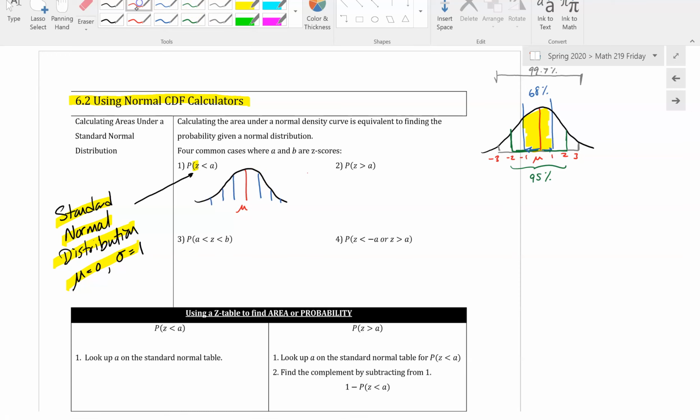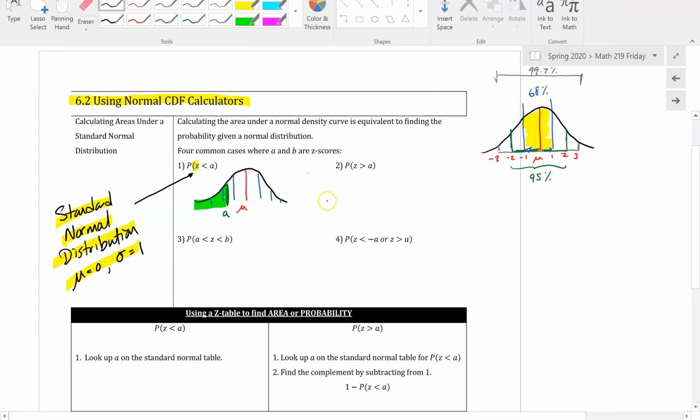And maybe a is just some number. Maybe it's like 1.5, or let's say negative 1.5. And I'm looking for the probability of getting a z-score less than that number. Remember, probability is area under the curve. So I would be looking for that area there, if that was a.